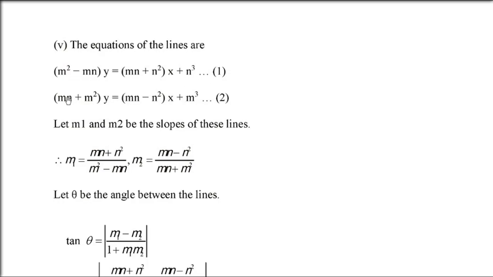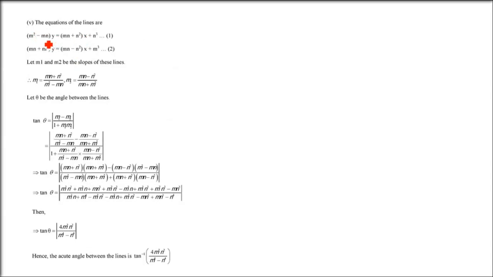So we have this, just divide both sides by m square minus mn. Let me just write it as y equals, I am dividing both sides by m square minus mn. So y equals mn plus n square by m square minus mn, plus n cube by m square minus mn.